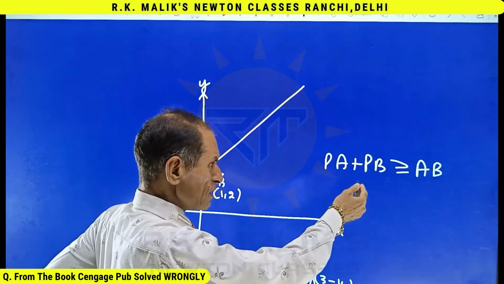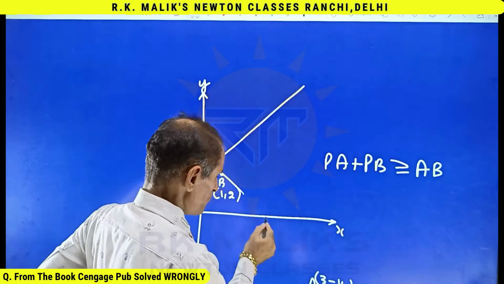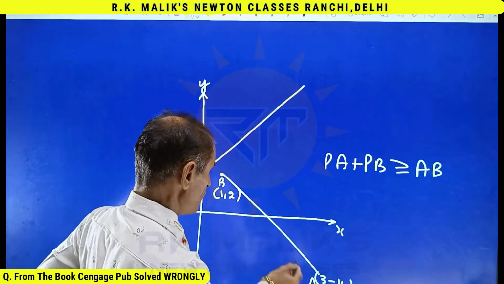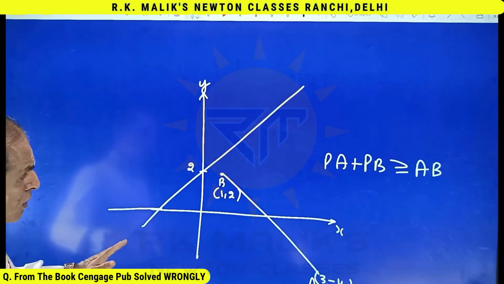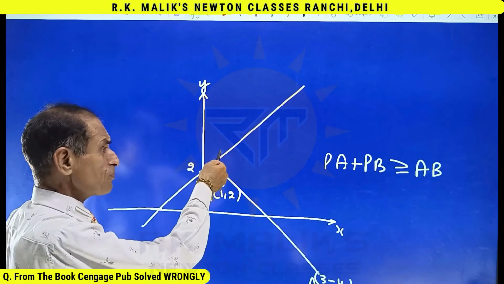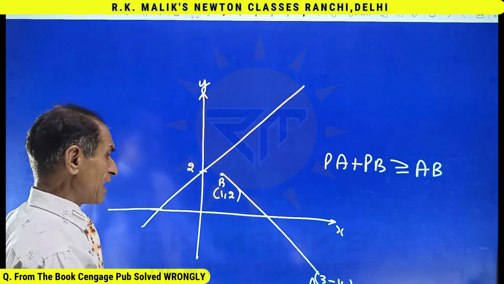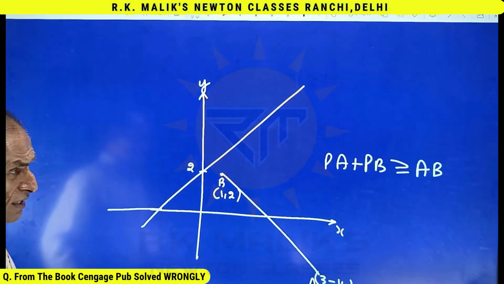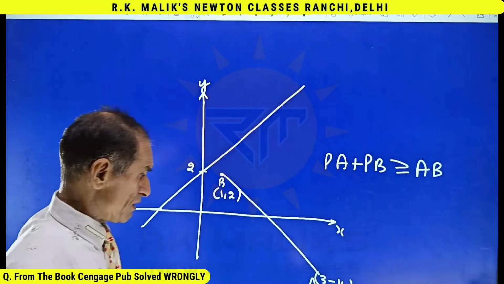PA + PB equal to AB is possible only if P lies somewhere between A and B. But because the locus of P is this line, wherever P moves on this line, PA + PB will never be equal to AB. Hence it is wrong to say that the least value of PA + PB is AB.